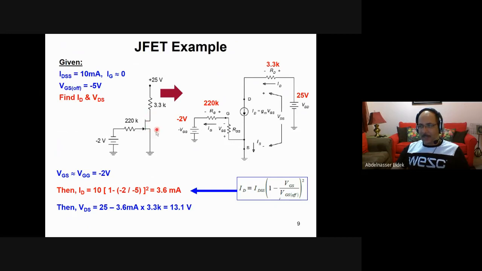So VDS equals 25 volt minus ID times 3.3K. That's it. I believe this is the last example here on the JFET.